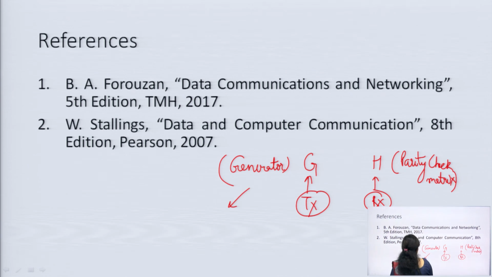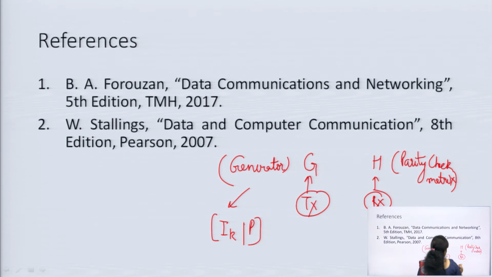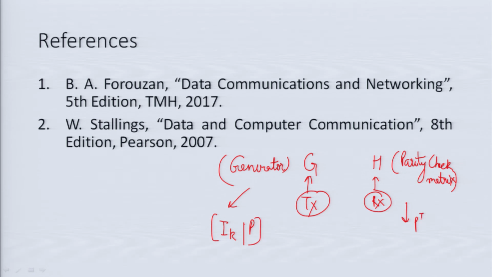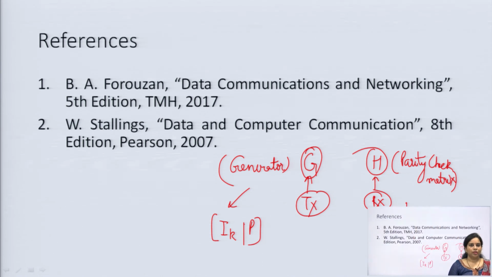Its value is I_k P, and the other's value is P transpose I_k. So, this is how you have to generate this parity check matrix. This is the G matrix and this is the H matrix, and these are the differences that you can follow for this topic. So, thank you.